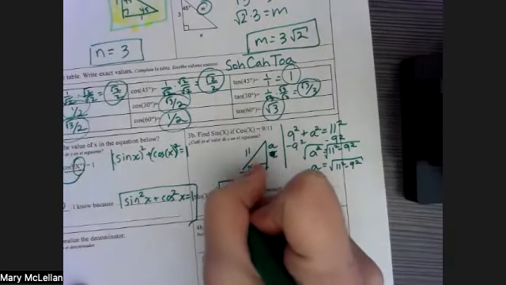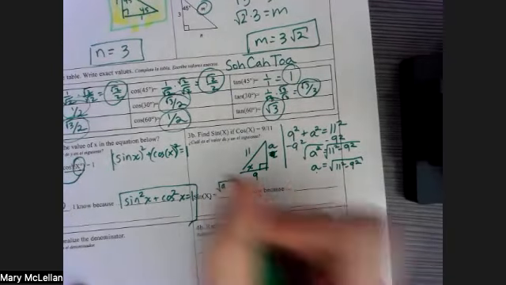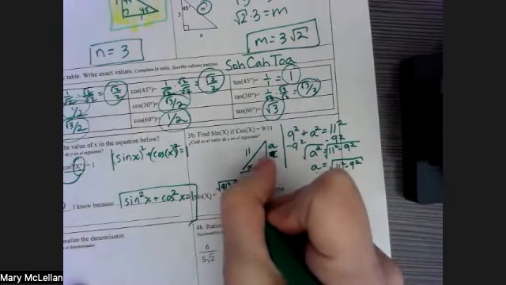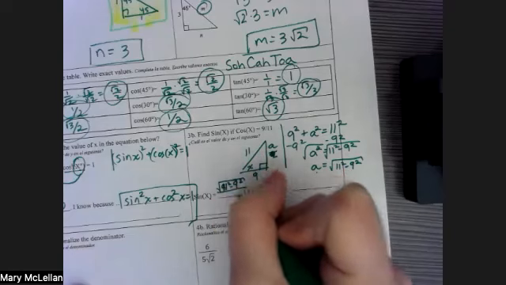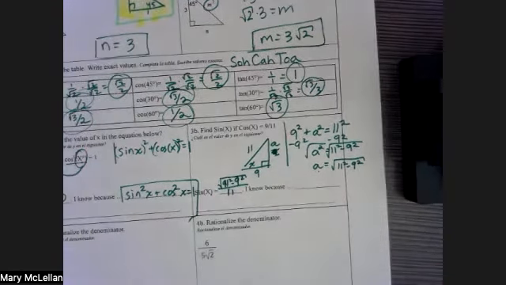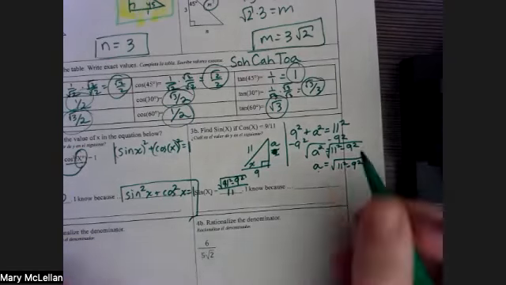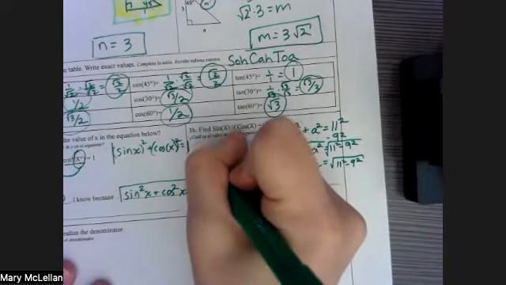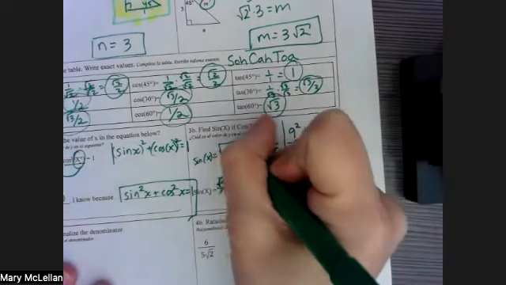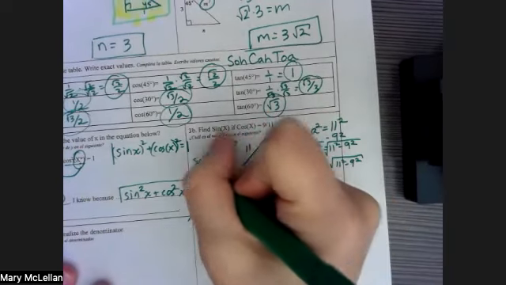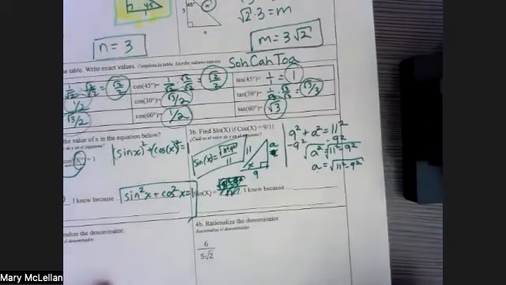So sine of x is going to be the square root of 11 squared minus 9 squared over 11. I don't think that's very clear to look at. I'll write it bigger. Sine of x equals the square root of 11 squared minus 9 squared over 11.